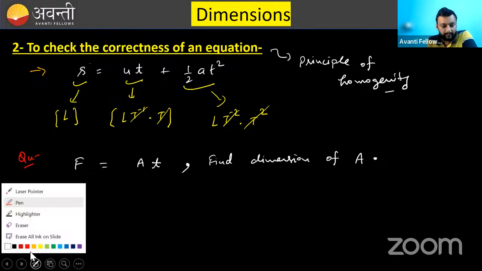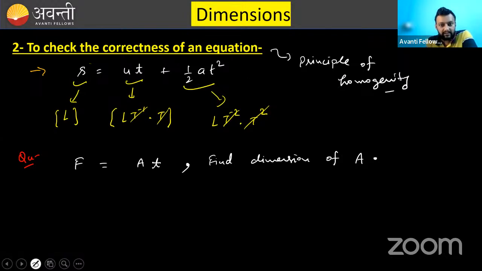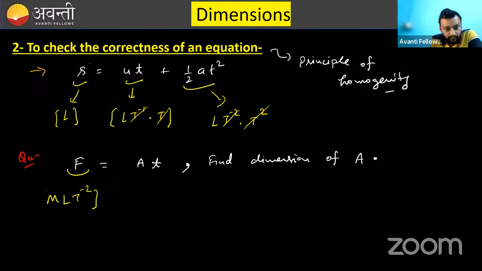Can anyone find that? MLT minus 3. Veena is saying MLT minus 3. Okay, let's check it. What we have learned is that all the terms of the equation must have the same dimension. Here the term is F, so F has a dimension MLT minus 2. So this AT should also have the same dimension.